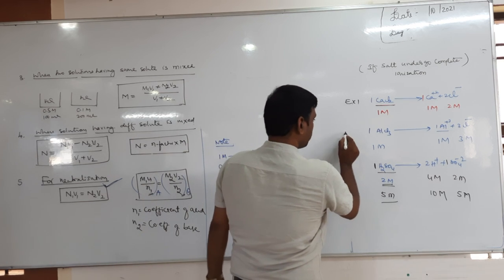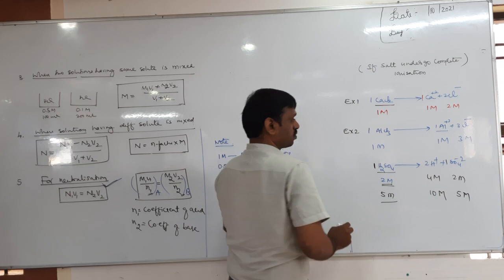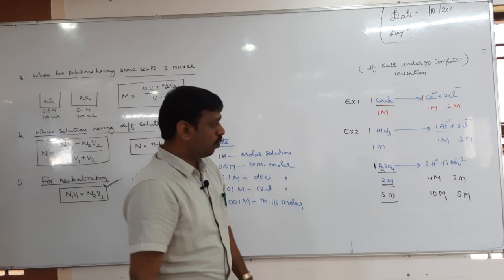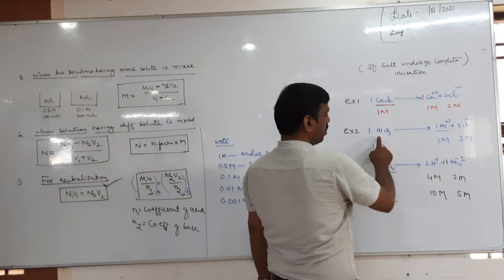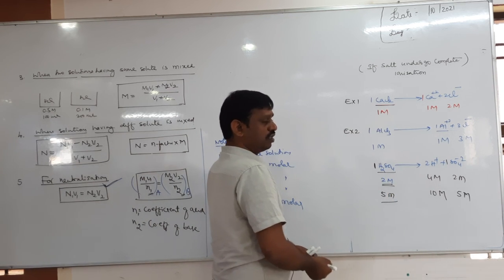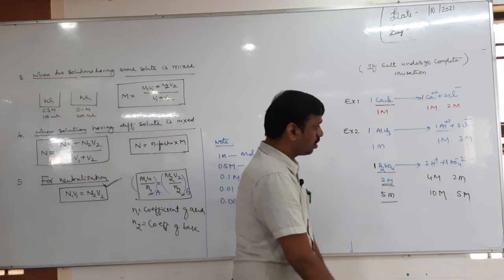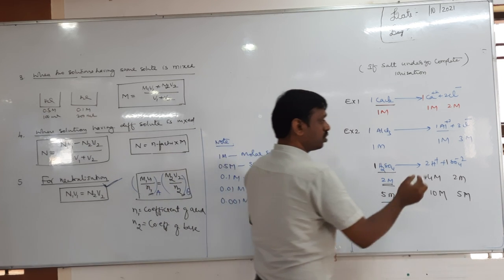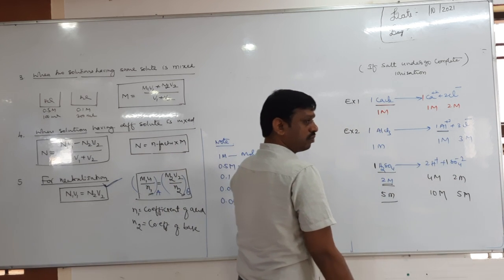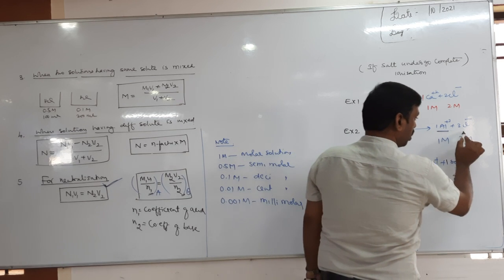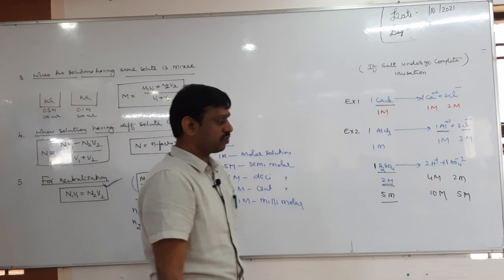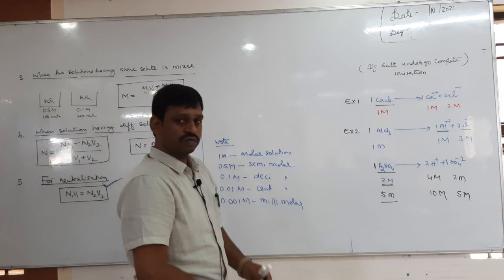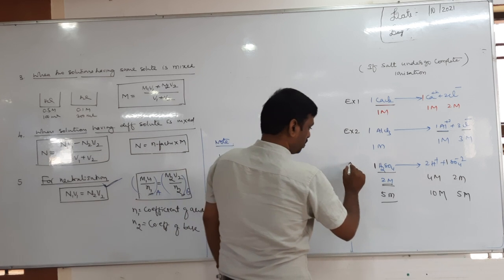Okay, next example 2. One molar AlCl3, if it undergoes complete ionization, gives how many molar aluminum ion and how many molar Cl minus ions? It gives 1 molar Al3+ ions and 3 molar Cl minus ions. Next, example 3.